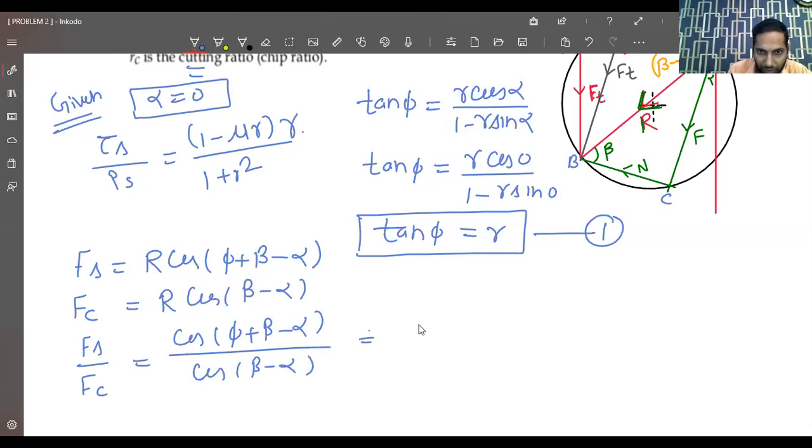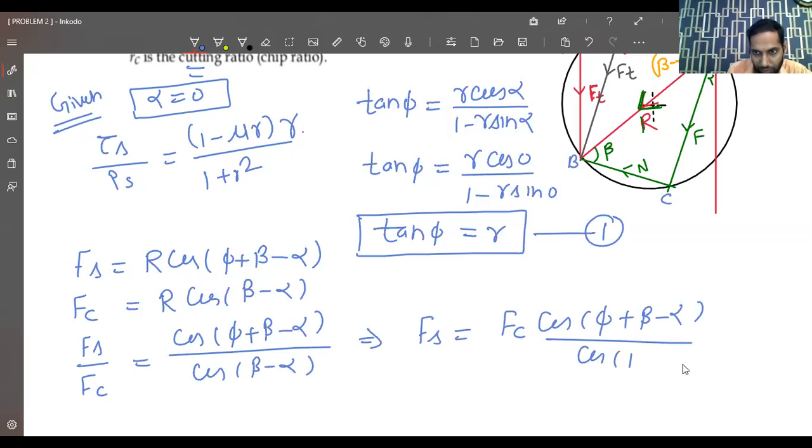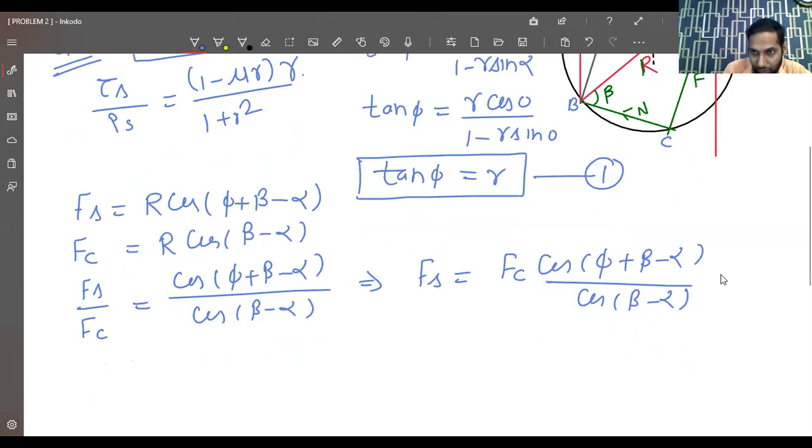Now I can write again Fs is equal to Fc cos (phi plus beta minus alpha) upon cos (beta minus alpha). Okay, up to this point I do not think there will be any problem. Okay, so this is our equation number 2.